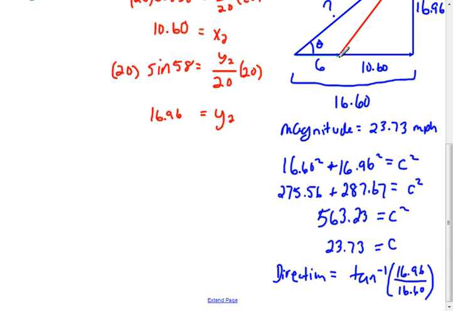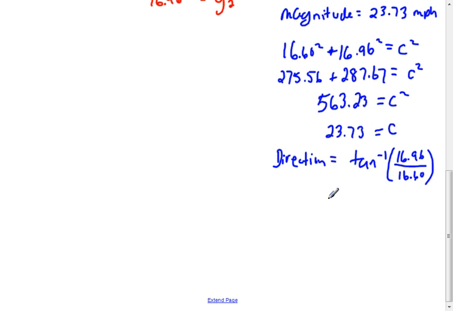So we'll type that in, tangent inverse of 16.96 divided by 16.60, and we get 45.6 degrees. So our direction is 45.6 degrees, and that would be north of east.